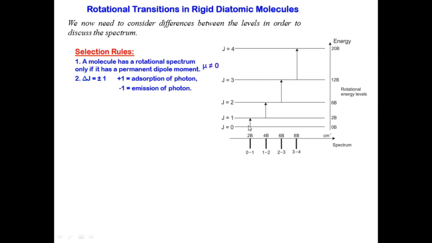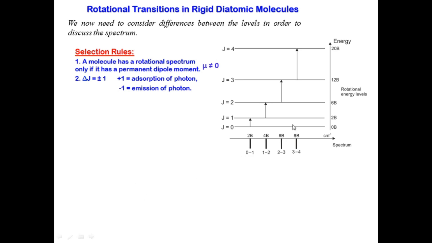We can see from this figure that the transition to the next higher state, that is 0 to 1, is allowed, or transition from 1 to 2 is allowed, 2 to 3 is allowed, and the reverse also, that is absorption, and the reverse means transition from 2 to 1, it is also allowed, that is called emission, or 3 to 2, that is also allowed, it's called emission.